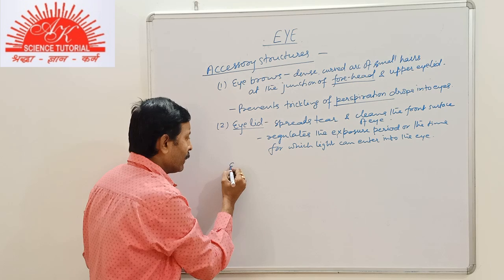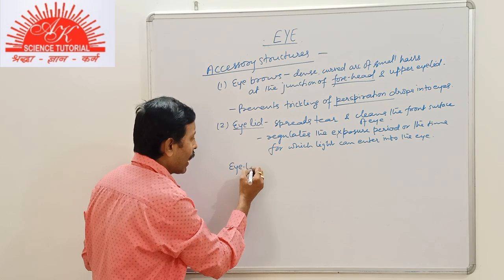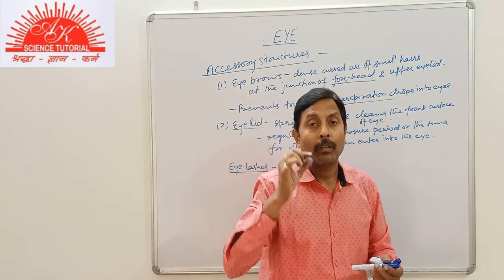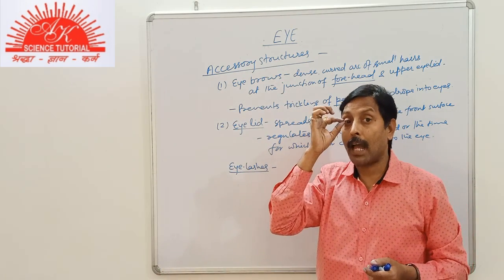In the eyelid, there is one more term that is called eyelashes. These are the eyelashes.